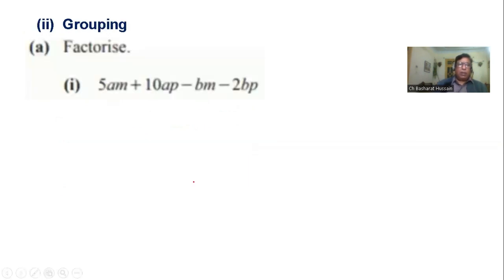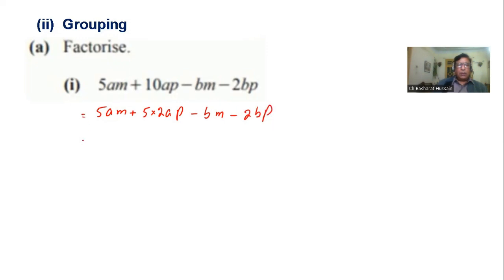Okay, another question. Again, we make groups. So 5am, and you can arrange this as 5 times 2, 10ap, minus bm minus 2p.